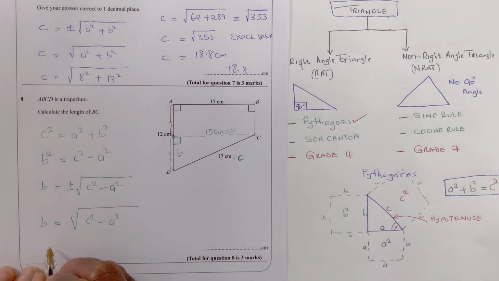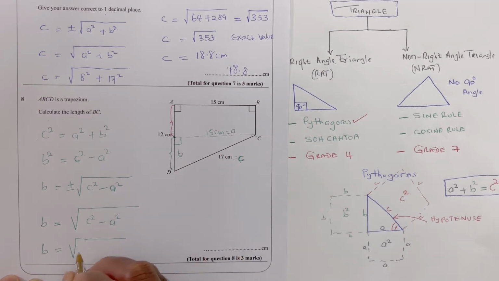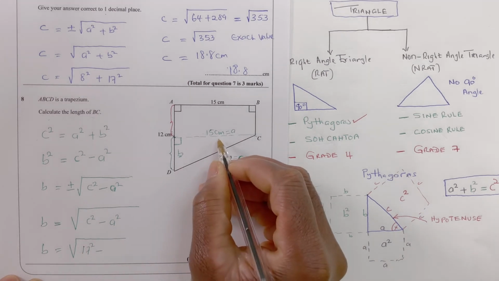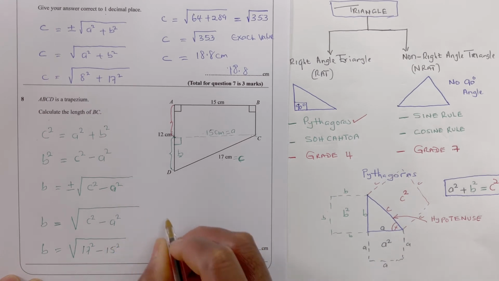So we can now populate this with the values. B will be the square root of, C is 17, so that's 17 squared, minus A is 15, so that's 15 squared.